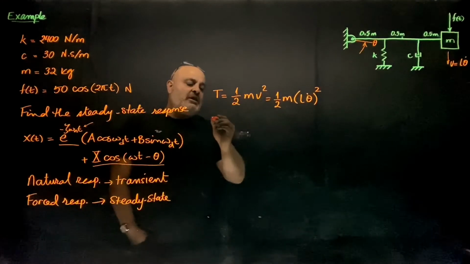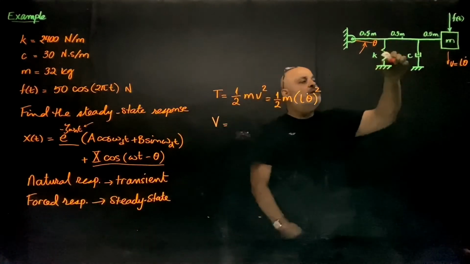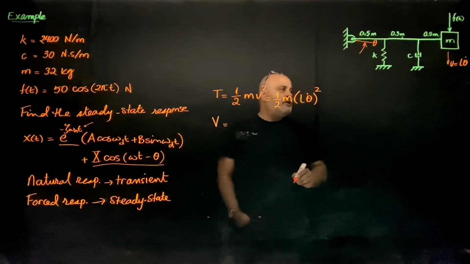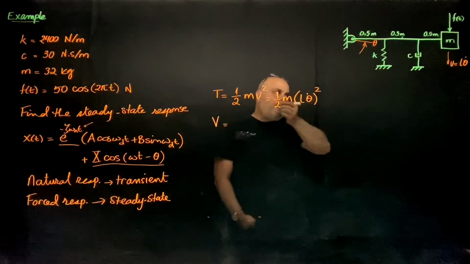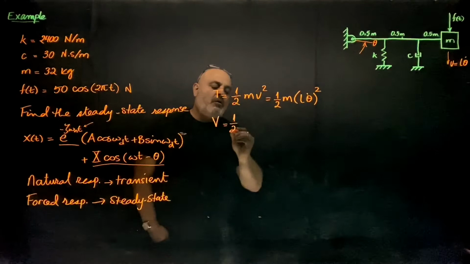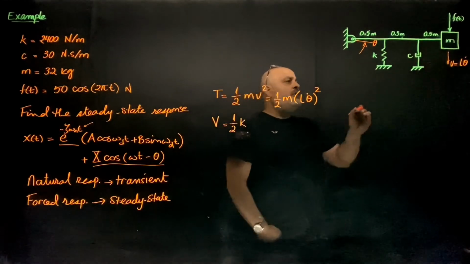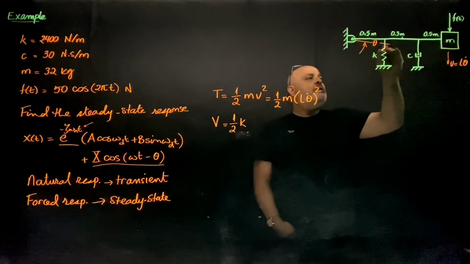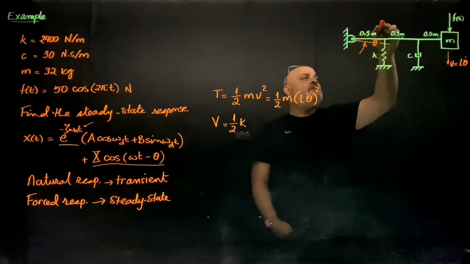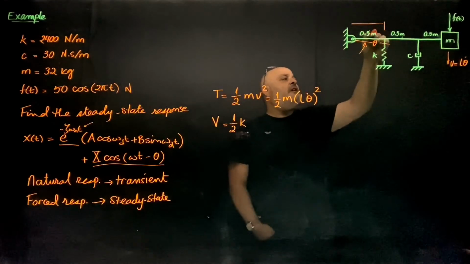Now the potential energy part is we only have a spring as a potential energy part in this problem. So it will be 1/2 K. Now what is the deflection in the spring? The length here is 0.5 meters, so it's r times theta.